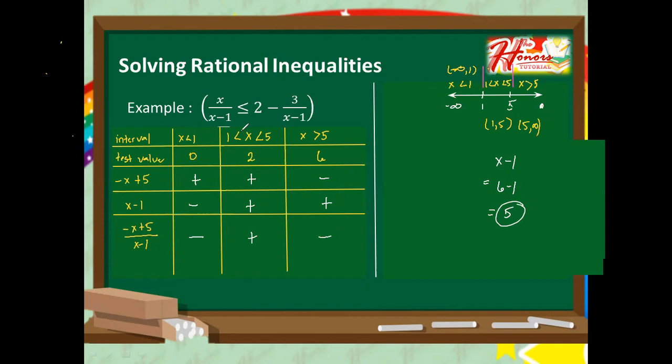So remember our equation earlier. I will show it to you again. And that is negative x plus 5 over x minus 1 is less than or equal to 0. So therefore, the interval that we have to have is less than or equal to 0.